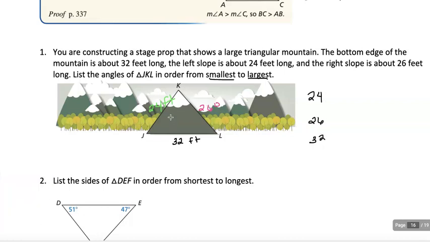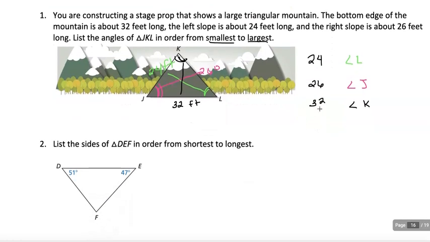Opposite to 24, because that's my smallest, is angle L. Next is opposite 26, which is angle J. And lastly, opposite to 32 is angle K. So L, J, K is the angles from smallest to largest. Just be careful, it says smallest to largest, not largest to smallest. Okay, that's all, nothing more than that.